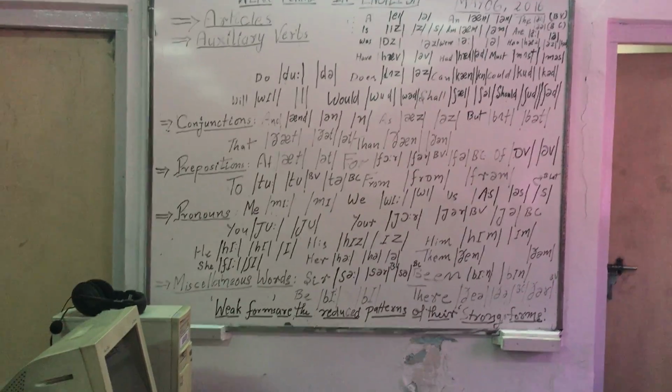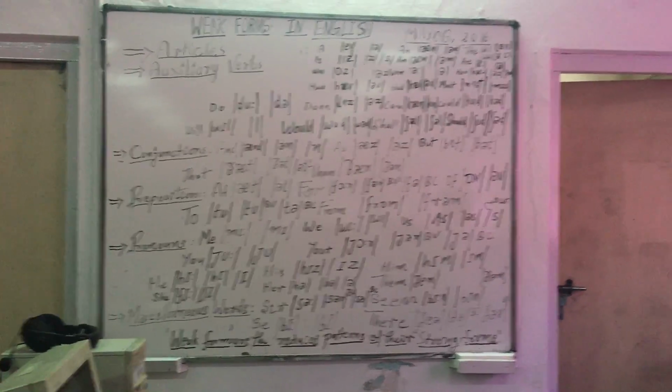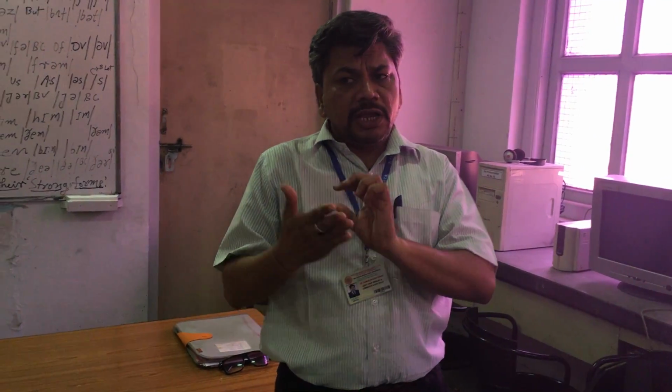They are spoken, for example, when I would like to say here, David does not do his work. When we speak the sentence in flow, we will notice that David does not do his work.